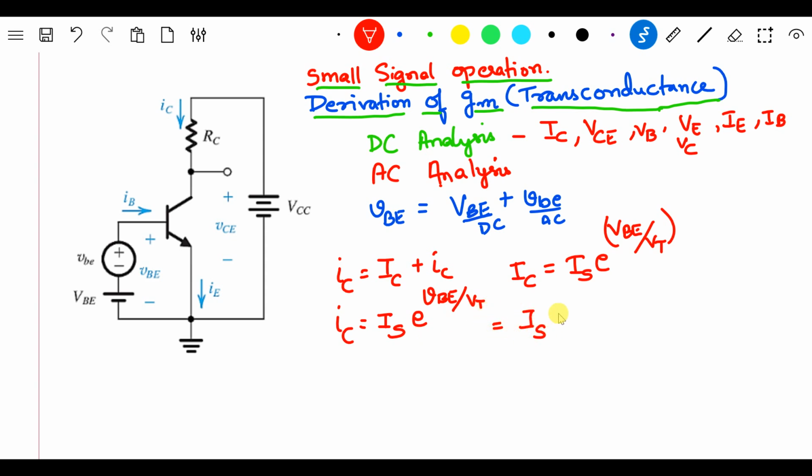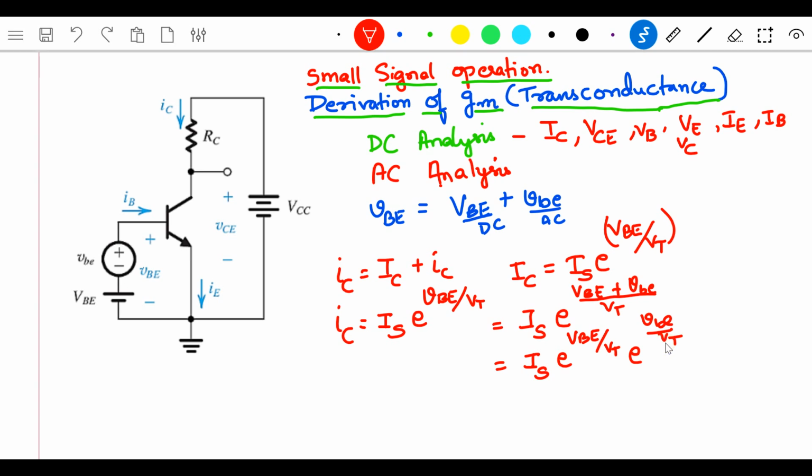I can expand this: the instantaneous base emitter voltage is the summation of the DC voltage plus the AC voltage, divided by VT. Now this can be separated as e power VBE by VT into e power small vbe by VT, because e power a plus b can be written as e power a into e power b.